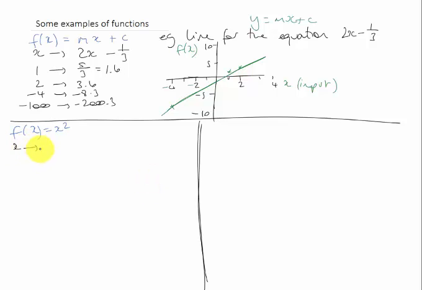So for every x we need to square it. So for example, we're going to do x's between minus 2 and plus 2. So let's just work some out. So minus 2 gives us 4, minus 1 gives us 1, 0 gives us 0, 1 gives us 1, 2 gives us 4.